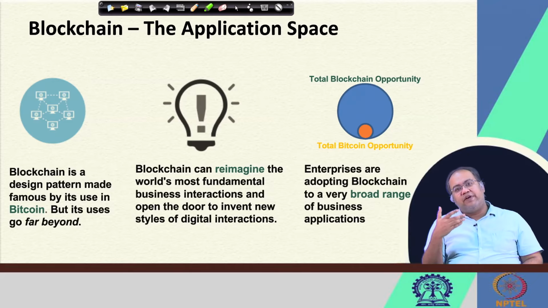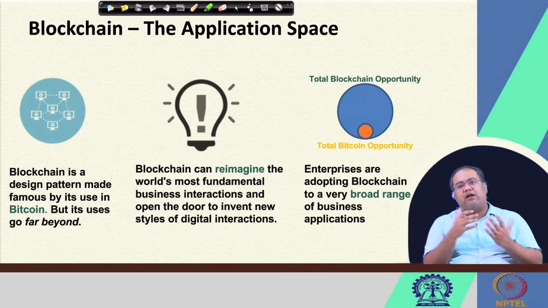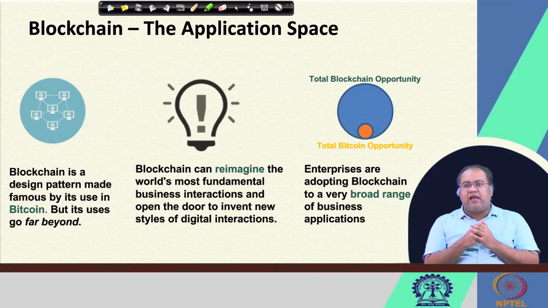That is the kind of interesting space that Bitcoin has developed, and that raised the interest in utilizing blockchain among people, and people started exploring other applications which are possible on top of blockchain.